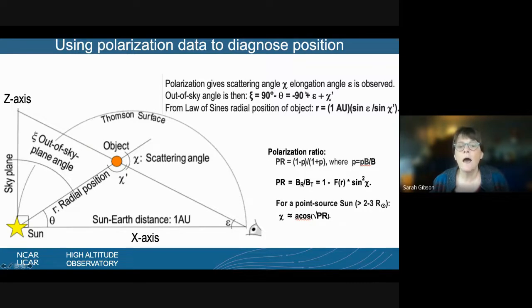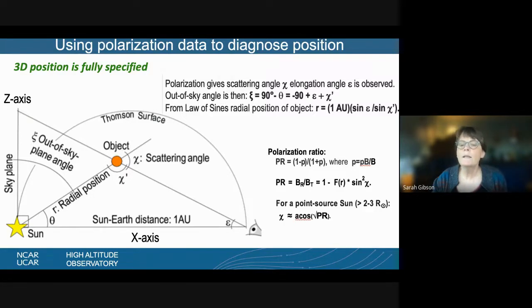And so chi comes from the polarization. Epsilon is the elongation angle observed from the sky projection, and that means that the out of sky angle can be determined from these other angles. And then after that, it's just more triangles, factoring in the distance from the sun and earth, and we get the 3D position of this blob in 3 dimensions.